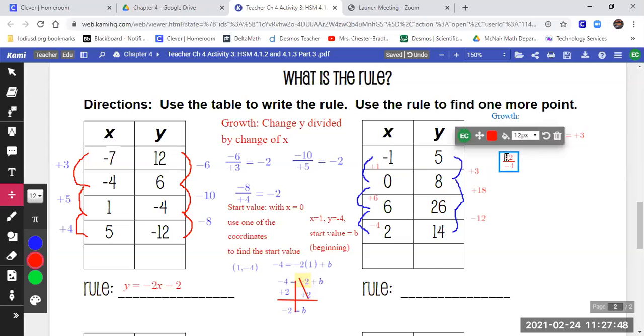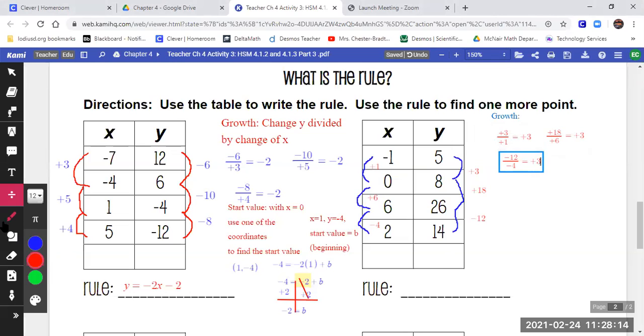Move that negative symbol where it belongs. Does -12 divided by -4 get us +3? Yes. So we're happy. Our growth all came out to a +3.